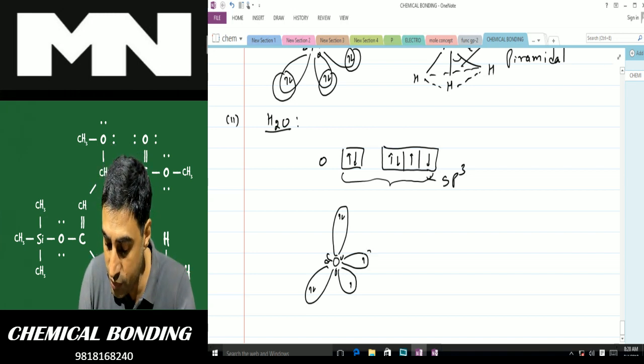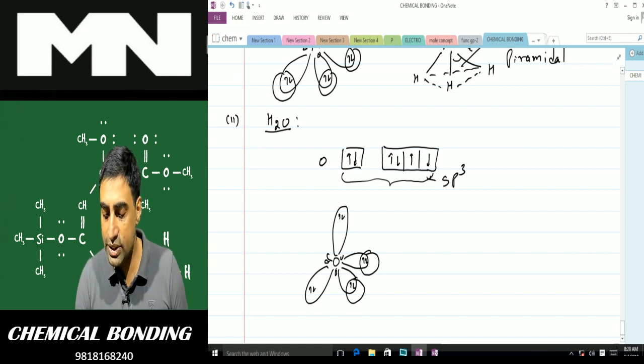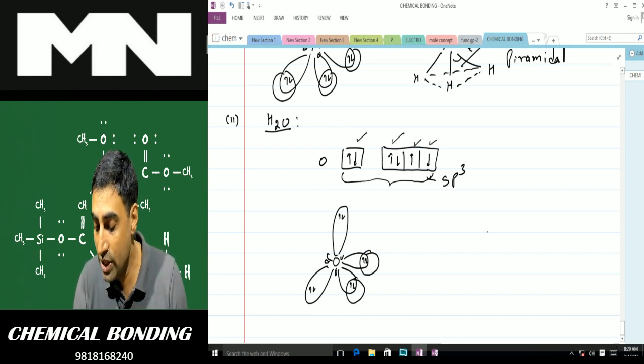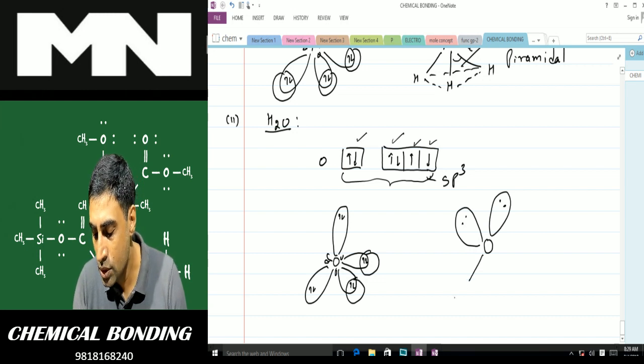The unpaired electrons will overlap with hydrogen, leading to the formation of sigma bonds. For water I can draw it like this: oxygen, paired electrons, then paired electrons, then a bond with hydrogen, then a bond with hydrogen.